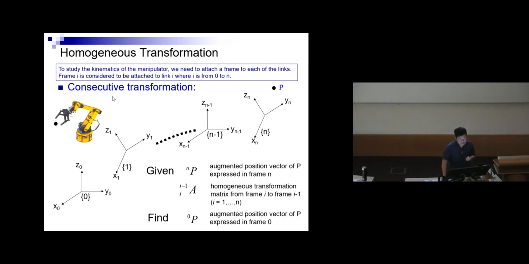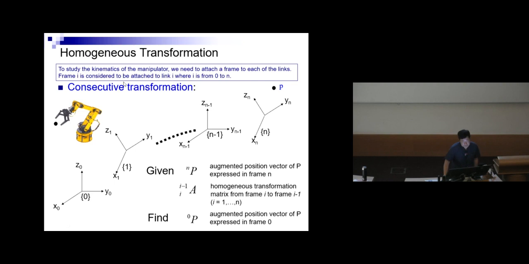If we look at a manipulator, earlier on in the first class we said that a manipulator consists of links, the base frame is fixed, then you have the joint, and after that you come to the next link and so on. If we want to study the kinematics of the manipulator, we will need to attach a frame to each of the links, not the joints. You have to remember that you have to attach a frame to each of the links.